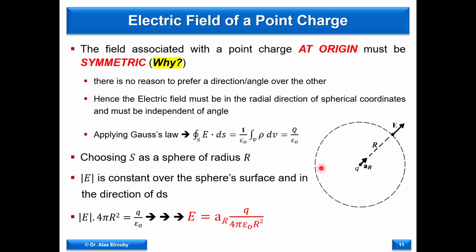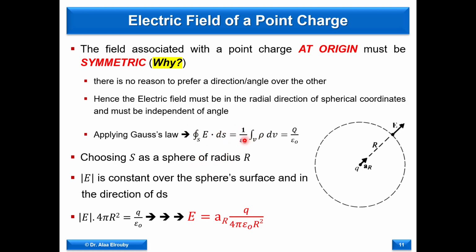Because of this symmetry, we know the electric field would be in the direction of a_r or negative a_r. So E dot ds: E is in the direction of a_r, and ds, of course, on the surface of a sphere is in the direction of a_r. So E dot ds equals the electric field multiplied by the area of the sphere.